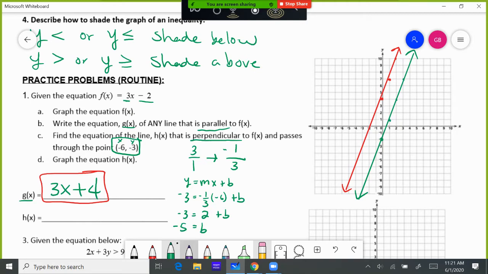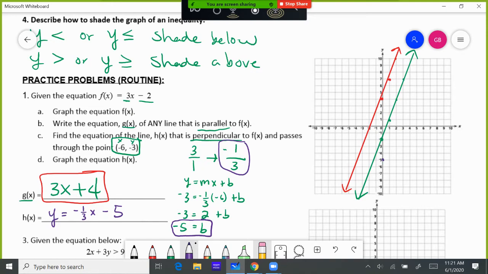So now the equation is, here's my slope, -1/3, and here's my y-intercept, -5. And if I graph it, you should be able to see that it's perpendicular.